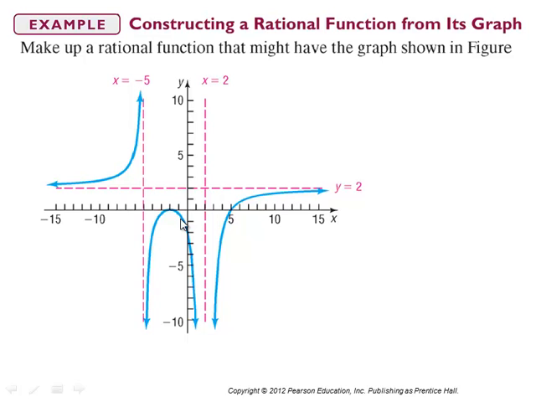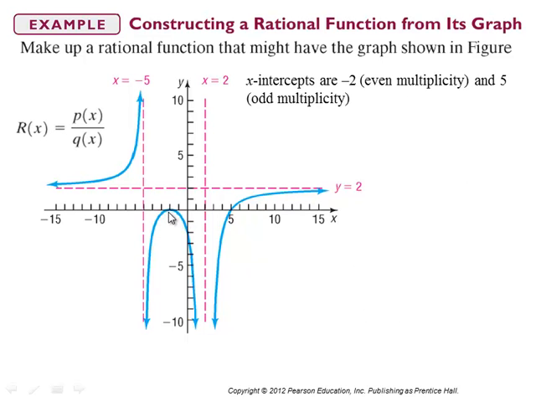At the x-intercept of -2, the graph just touches. So that means that the zero at -2 is going to have even multiplicity, because the graph doesn't cross, it just touches. So (x minus -2) squared, in other words (x plus 2) squared, would be a candidate factor in the numerator.